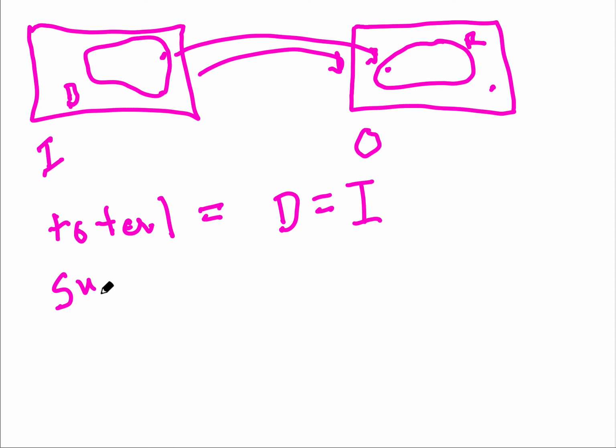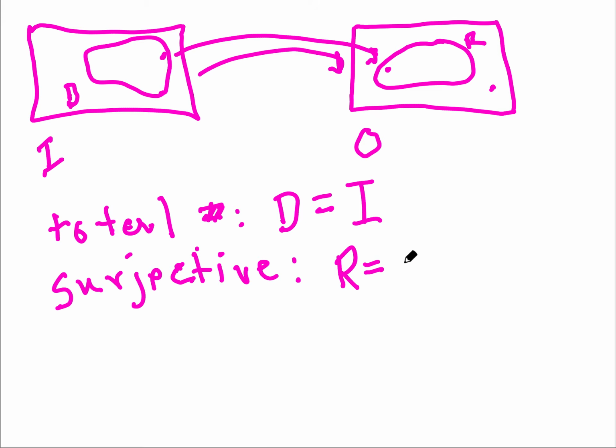And then we have surjective. Let's try this again. Surjective. Maybe instead of this, I should just say this. Surjective means that the range is the entire set of outputs. That means you can get to every output from some input.